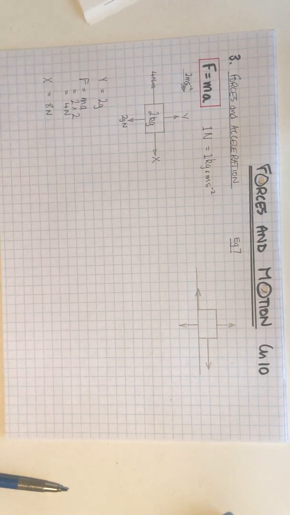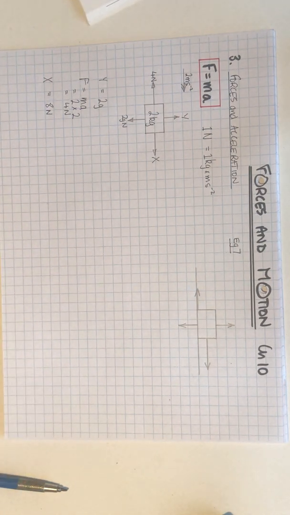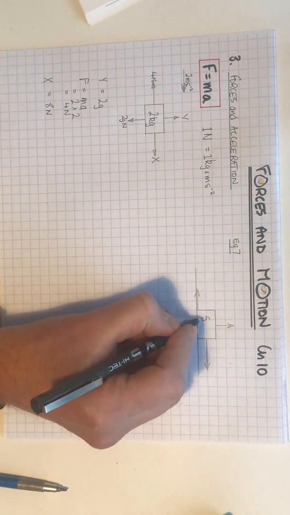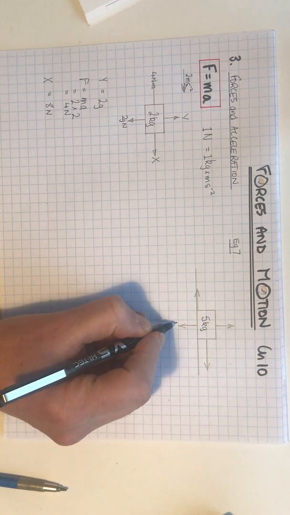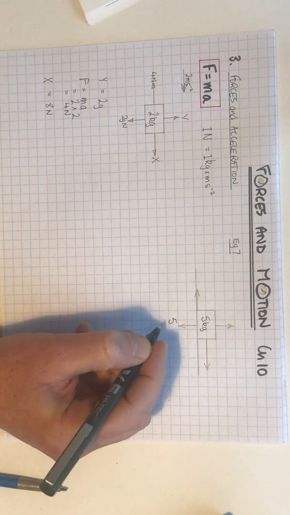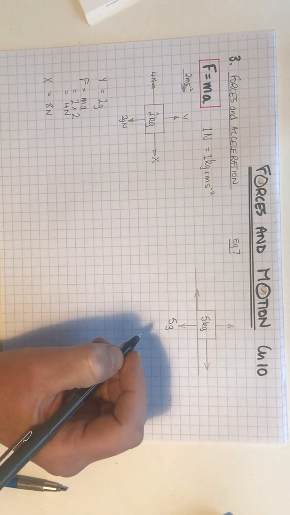Okay, let's have a look at one of the examples. We're going to have a look at example 7. It's very wordy, but as I read it, I will add to my diagram the values in the question. So a body of mass 5 kilograms. Therefore, its weight, the force due to gravity, which we call weight, is 5g.